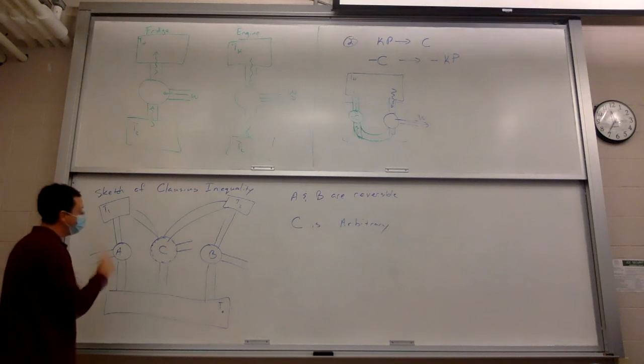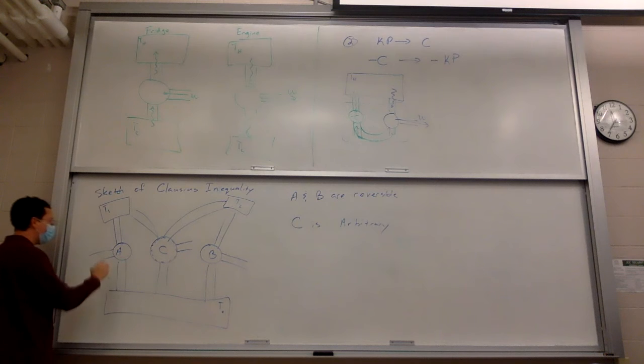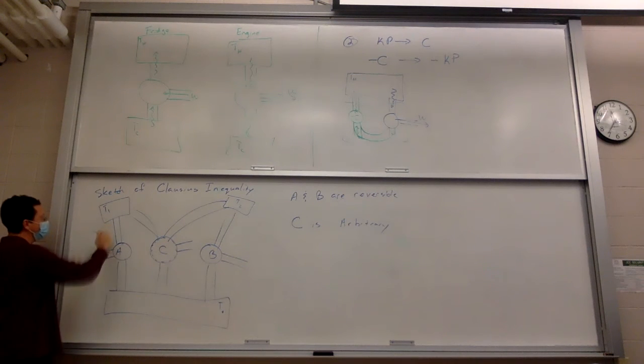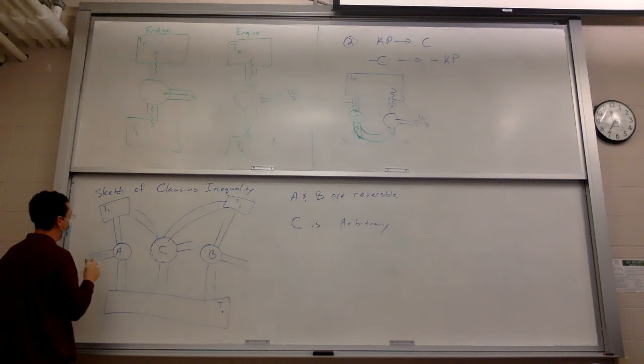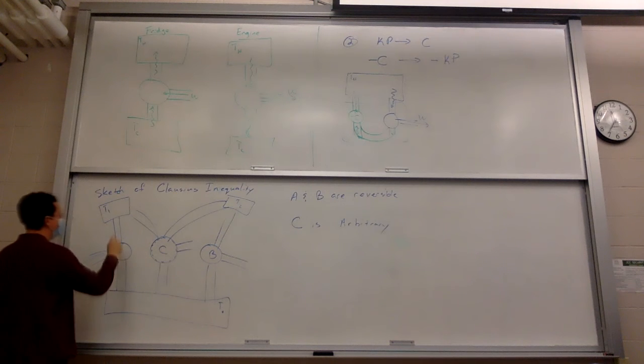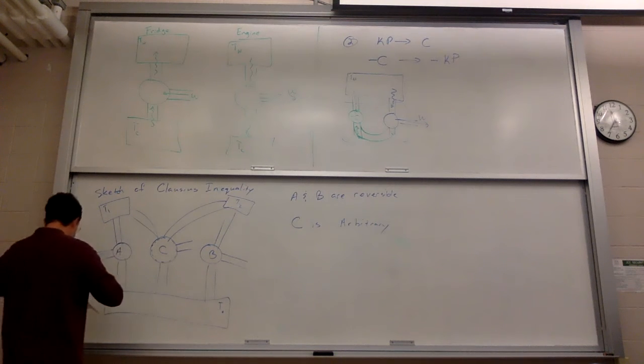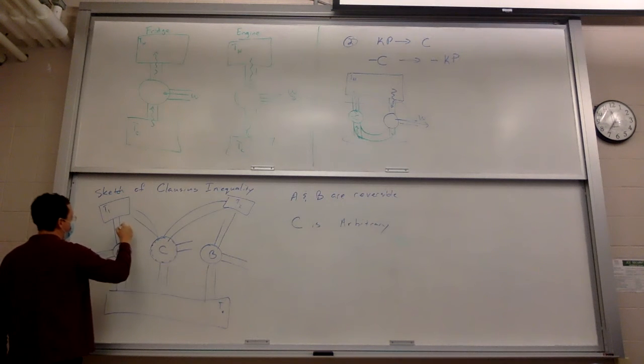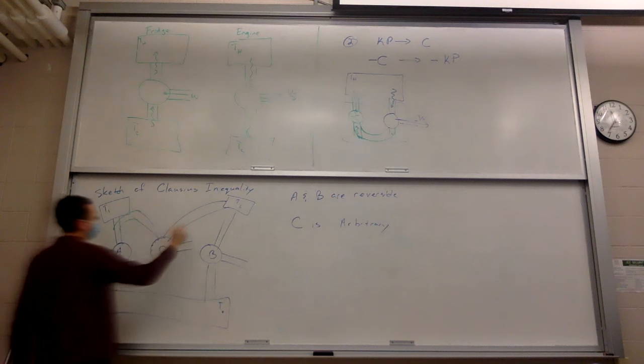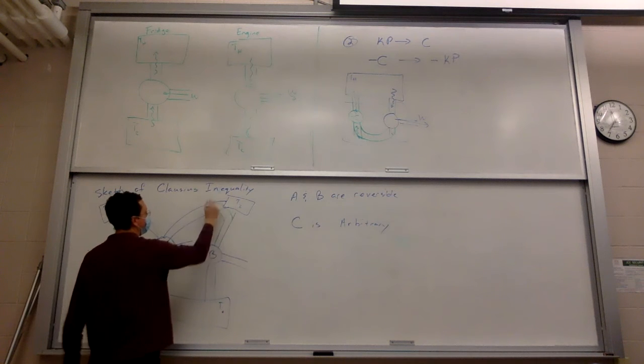So what you're going to do basically is the following. If these start out as power cycles, what you're going to do is reverse them and run them as refrigerators, and the goal is that you can just disconnect these reservoirs.